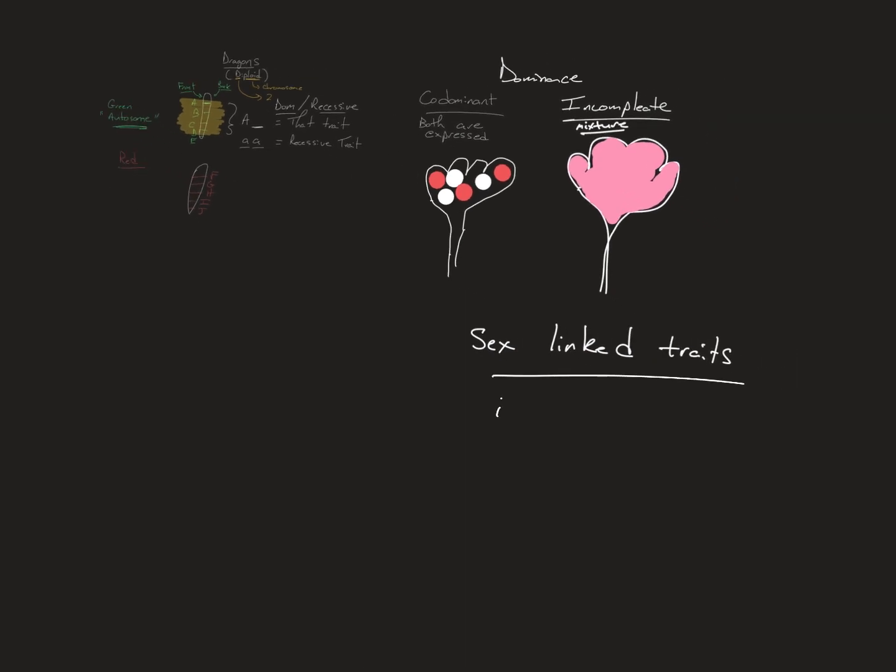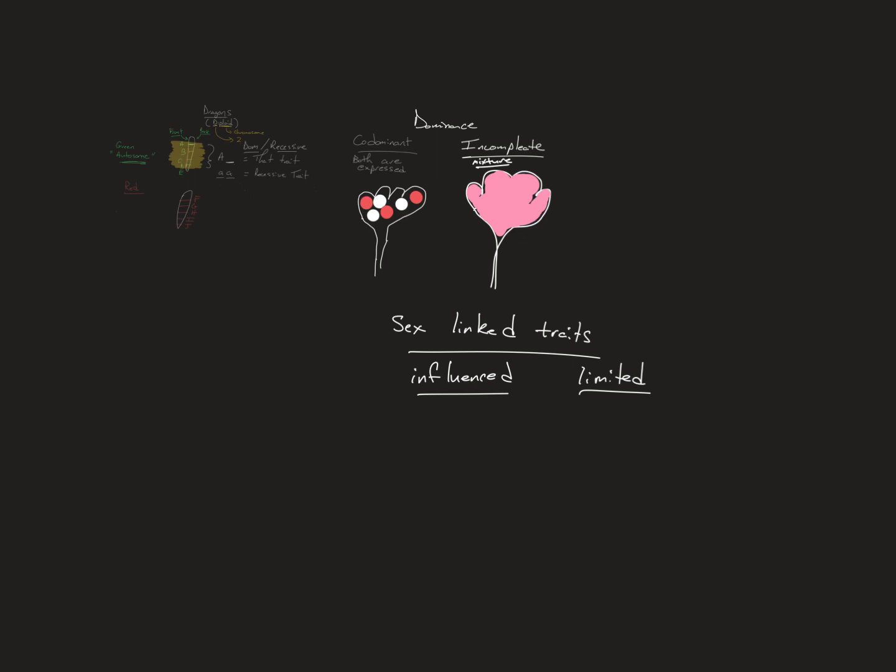They talk about two types under sex-linked traits: influenced, and then limited. This goes to understanding that when you have a male and a female, and we're going to go ahead and use XY if you don't mind, even though it is a dragon, we're going to use XY for this example.